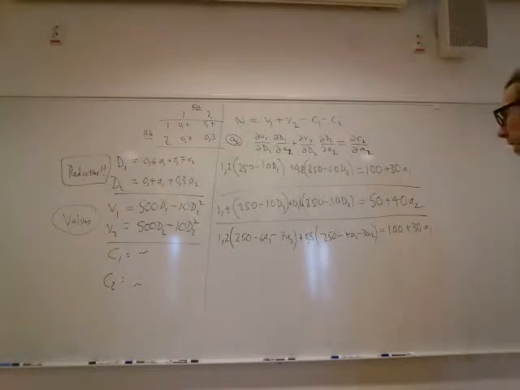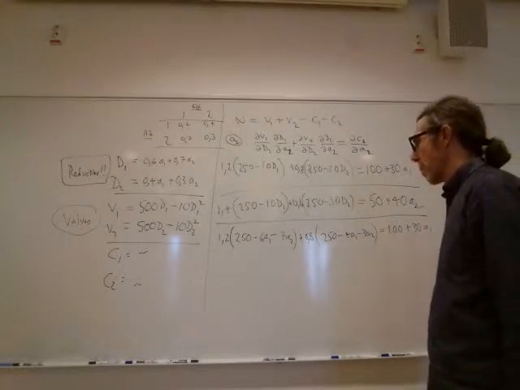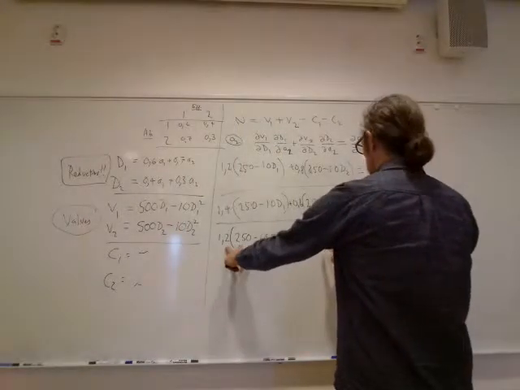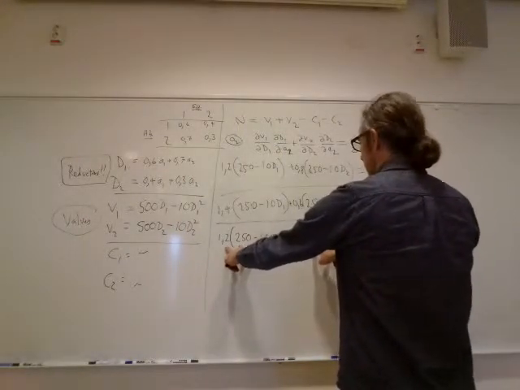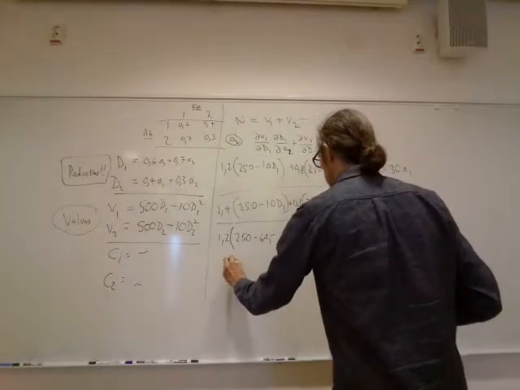So what have we got then? We've got 1.2 times 250 plus 0.8 times 250, so that's 500.